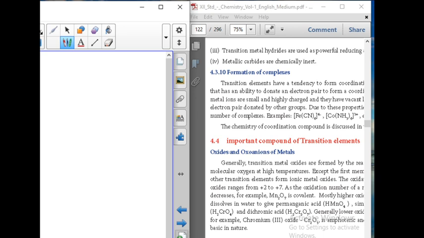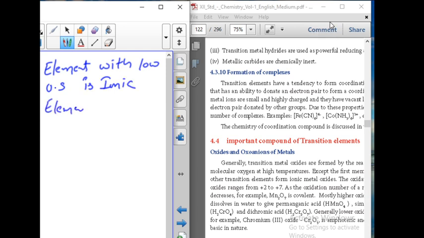We have to memorize the most important property: an element with low oxidation state is ionic. Same element with high oxidation state is covalent.